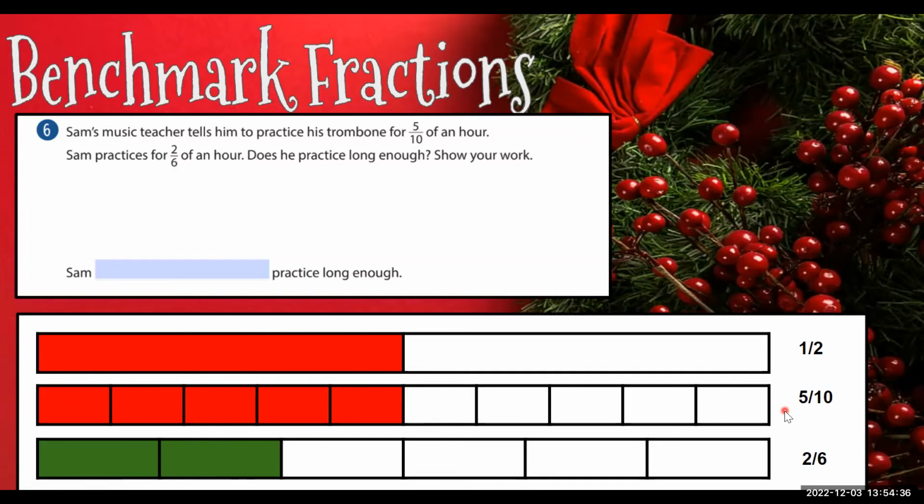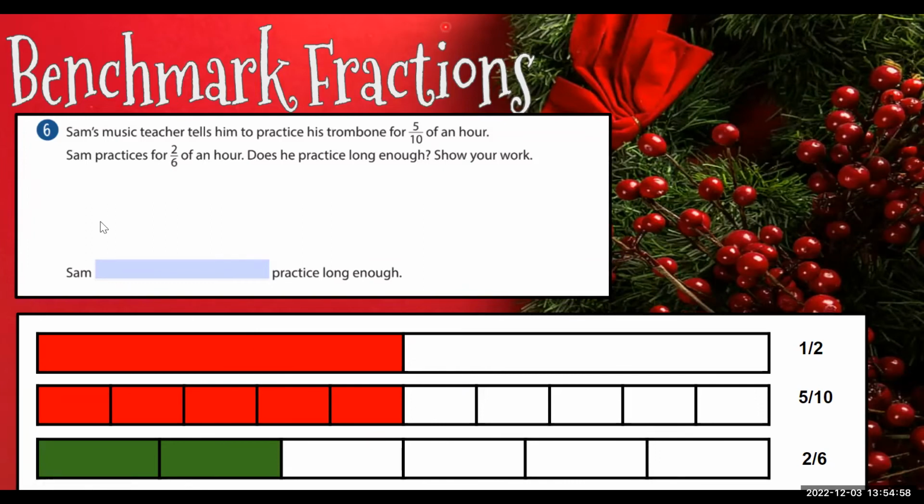And for this particular problem, the question asks us to compare, but the question says, does he practice long enough? Now, Sam practiced for 2/6 of an hour, which is less than half, and he was supposed to practice for half an hour. So that proves that Sam did not practice long enough.